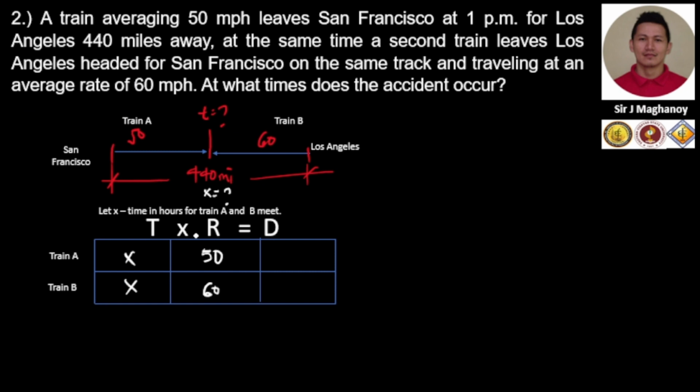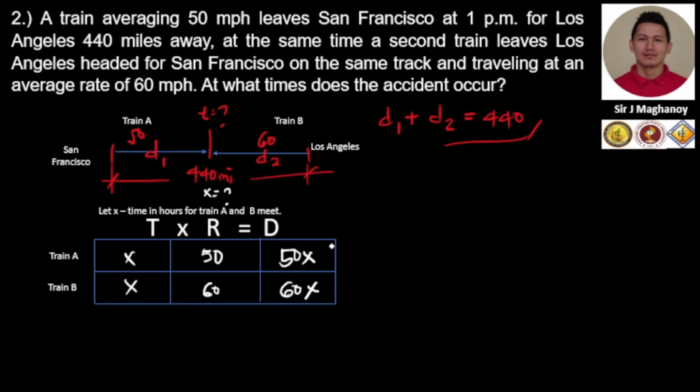Therefore, applying our formula, time times rate is equal to distance, it will become 50x and 60x. Using our formula, the distance traveled by train 1 and the distance traveled by train 2, our D1 plus our D2, is equal to 440 miles. So from here, we can formulate our equation.